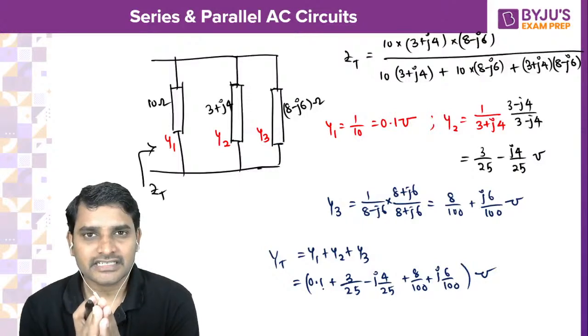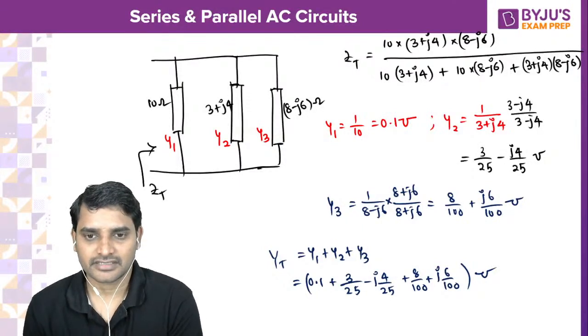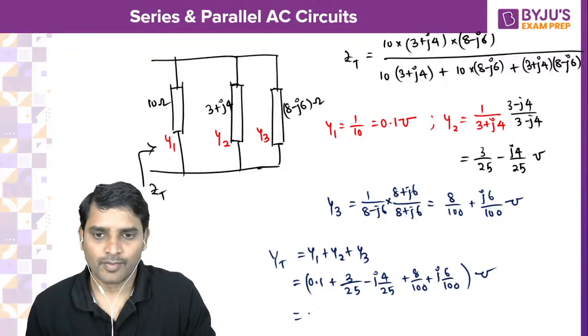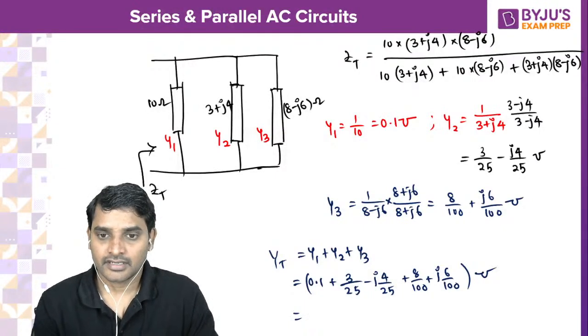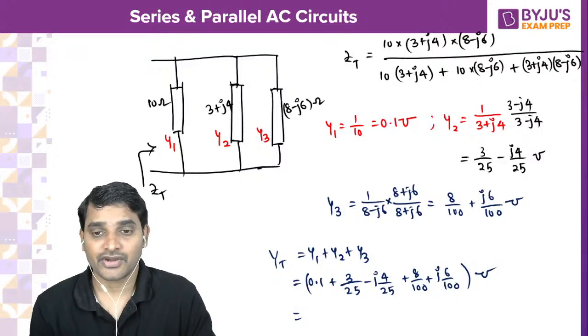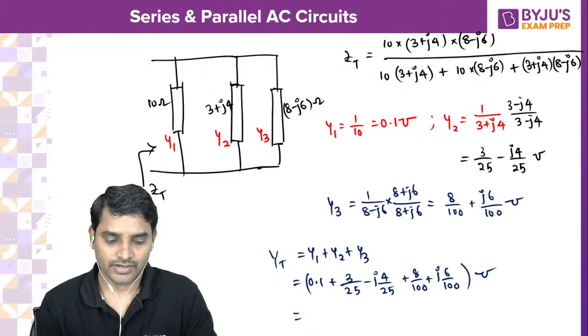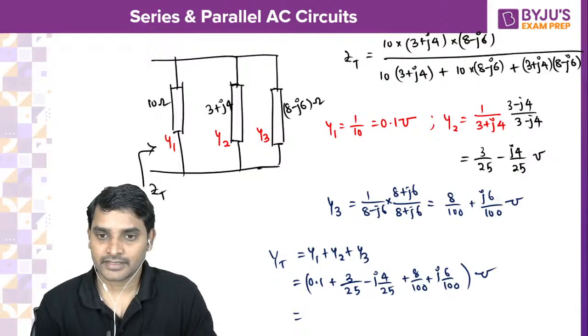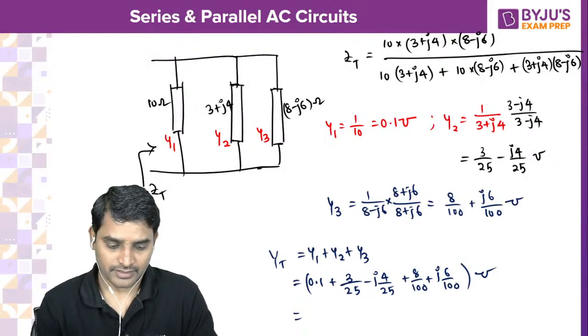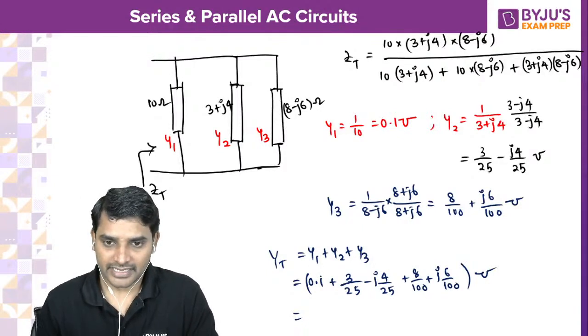So you will get a conductance term and an imaginary term, and you can add them easily. 0.1 plus 3 by 25, which is 0.12, plus 8 by 100, which is 0.08. I am getting around 0.3.